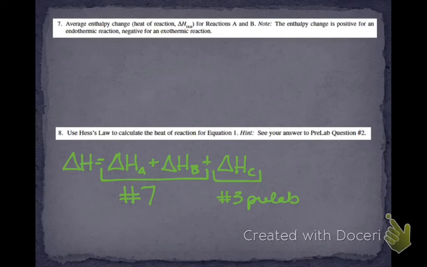So I'm going to leave that for you to think about. But again, if you have questions, please make sure that you ask me, and I will help you if you have questions on number 8. So that's my little bit of hints for number 8.